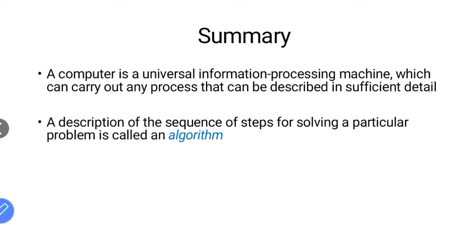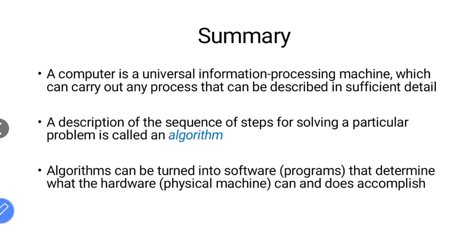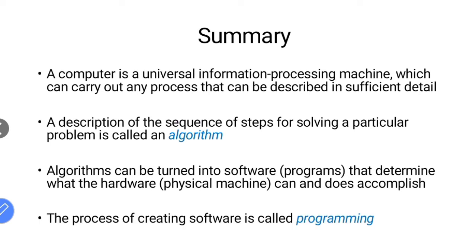Every logical thing which needs to be solved using some steps and conditions, organized in a proper way, is called the algorithm. An algorithm can be turned into a software program that determines what the hardware, the physical machine, can accomplish. As I gave the example previously, making that condition in a specific way to tell the computer what to do, when to do it and how to do it is called an algorithm.